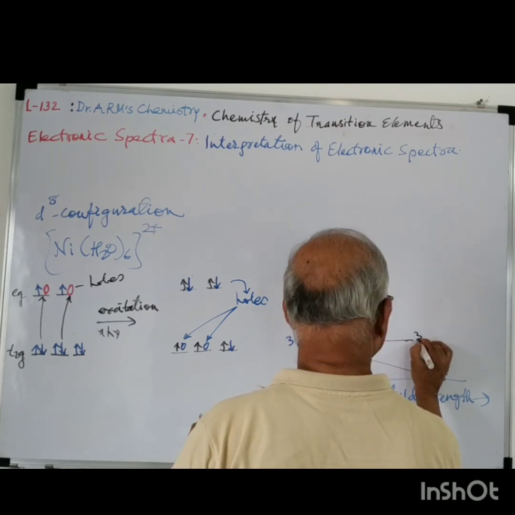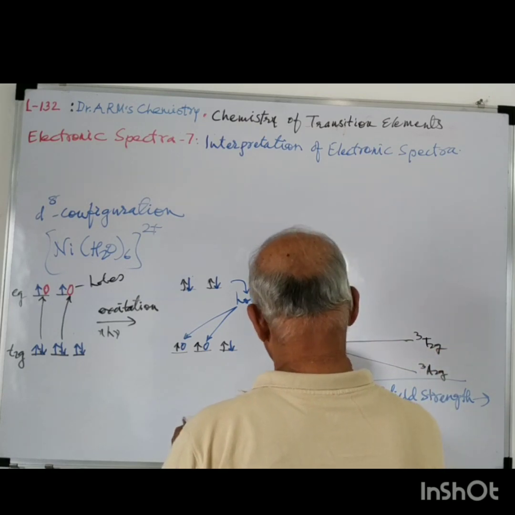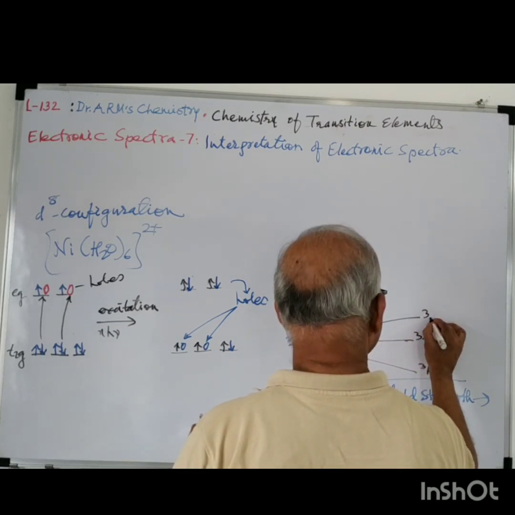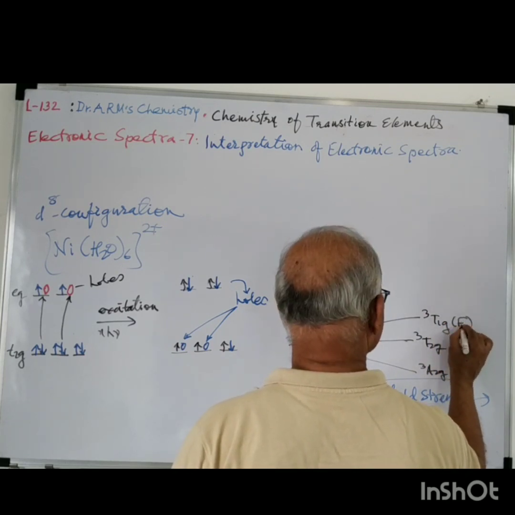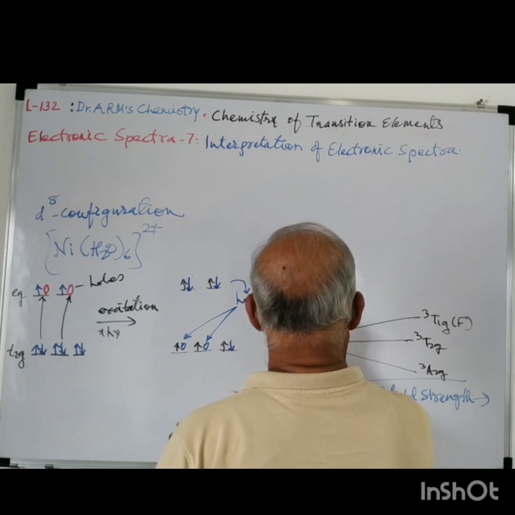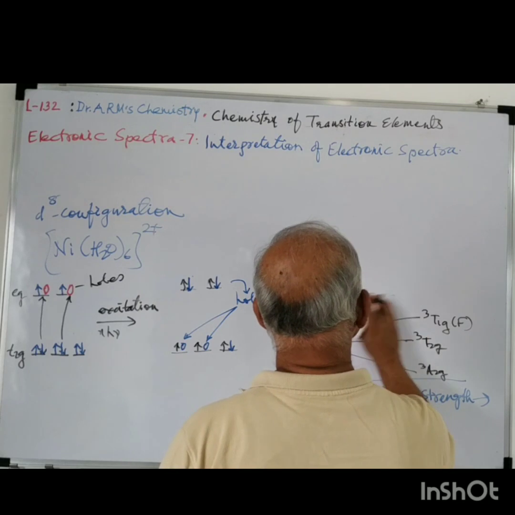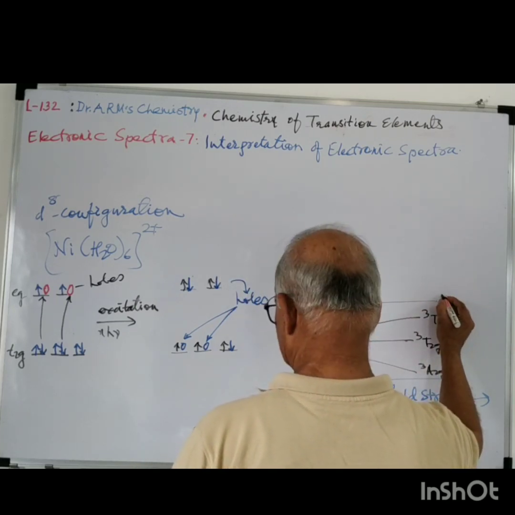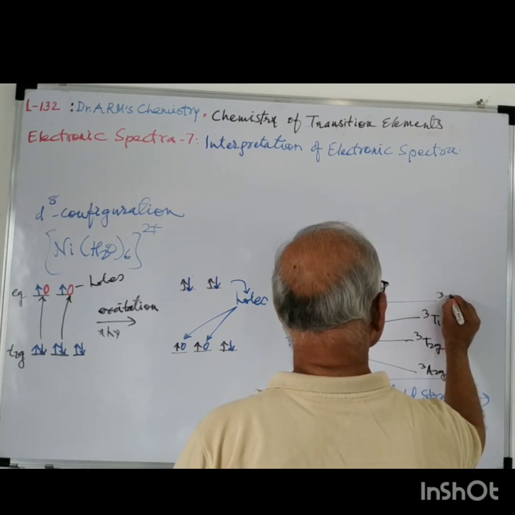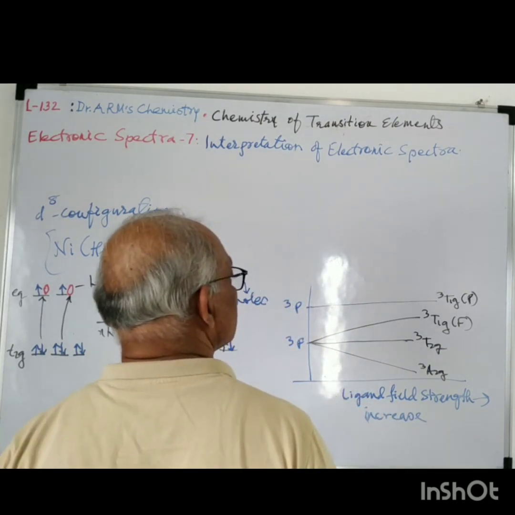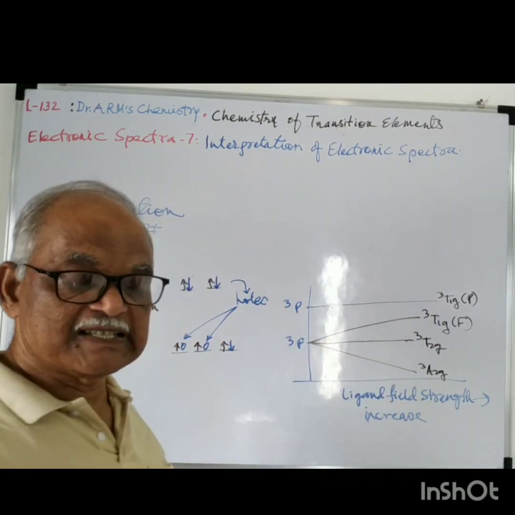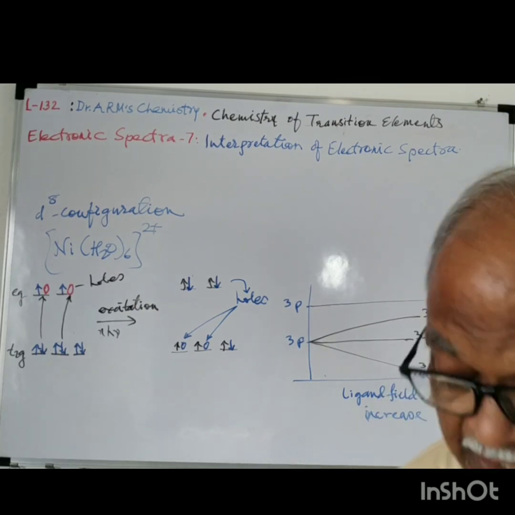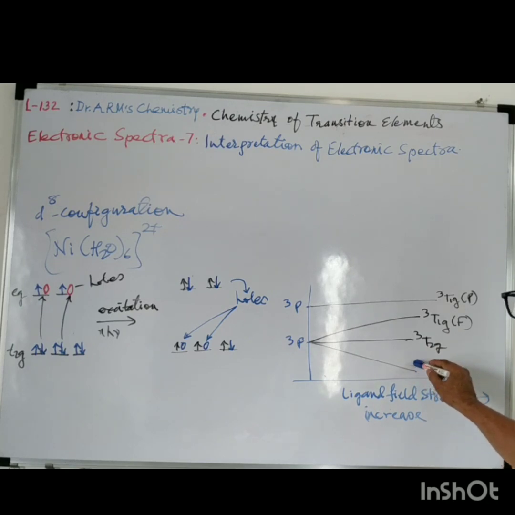So this is the triplet T2G and the triplet T1G, triplet T1G of F, whereas this triplet T1G of P. So this P state is not affected much by the ligand field strength, but this F state is affected and it is inverted.